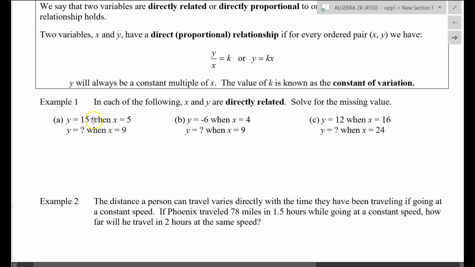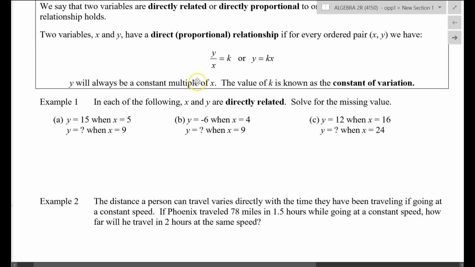Guys, if y is 15 and x is 5, how did I get from 15 to 5? I divided by 3. Now, I'm glad that Aiden didn't say subtract 10, because when we talk about variation in proportionality, that's always a multiple or a division of numbers. Do we agree with that?